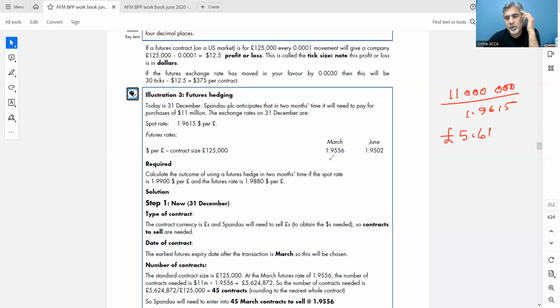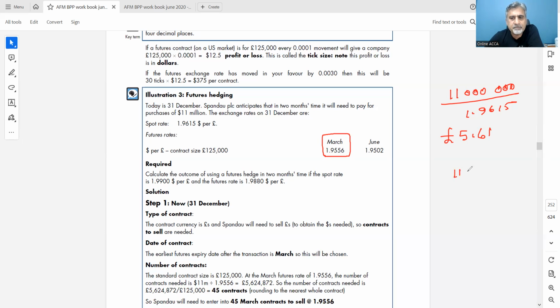The market is offering this thing. Let's suppose that this is what is given to me in the market. This is the rate. This will become the rate because this is what the market is expecting.